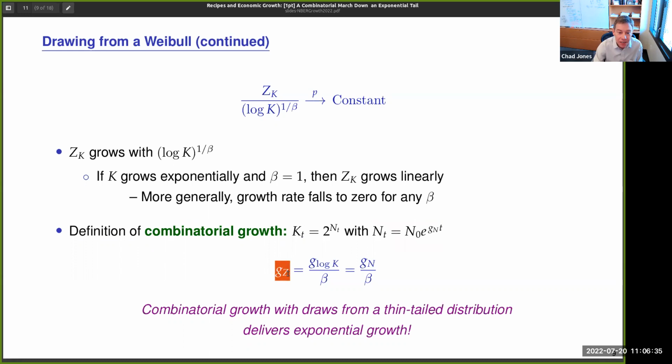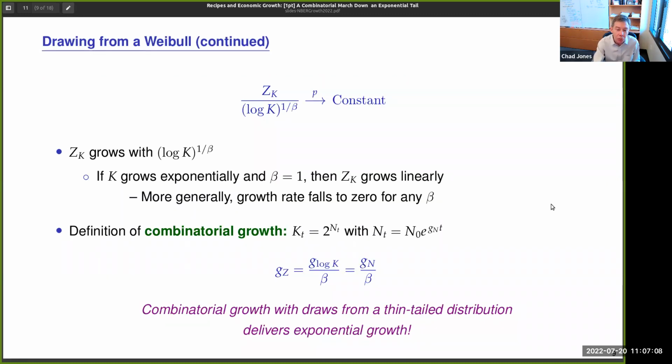So the growth rate of z with draws from a Weibull distribution is the growth rate of the log of k. If we've got this combinatorial growth, this cookbook model, then the log of k grows exponentially at rate gn, and the growth rate of the max is just the growth rate of the number of ingredients that are being used in our cookbook, deflated by how thin is the Weibull tail, right? So combinatorial growth with draws from a Weibull distribution delivers exponential growth in the max.